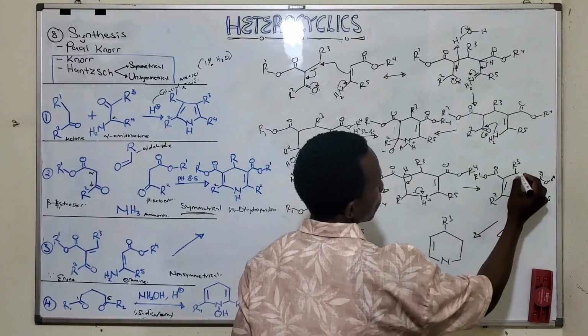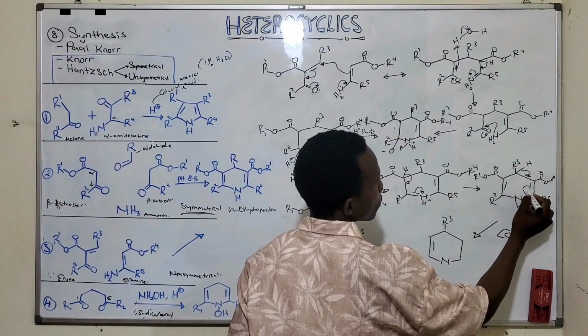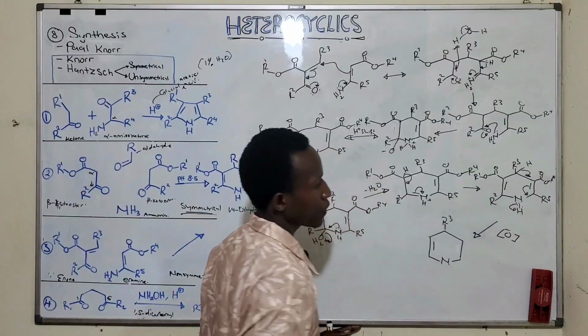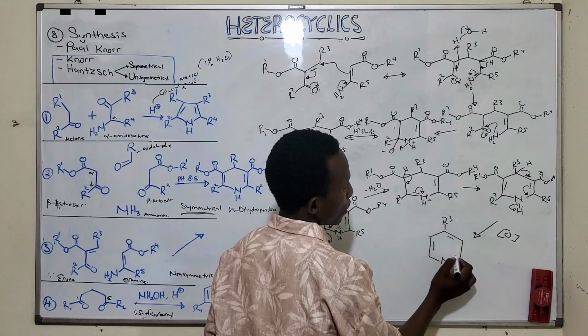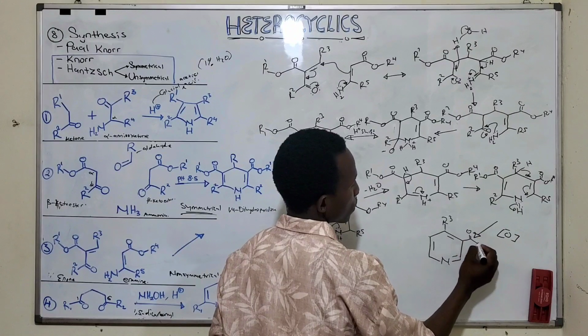R3. So how is it formed? Here we have hydrogen, forms a bond, and this bond moves here. Then this one breaks off. So you have a bond here and here. Then you put your substituents.